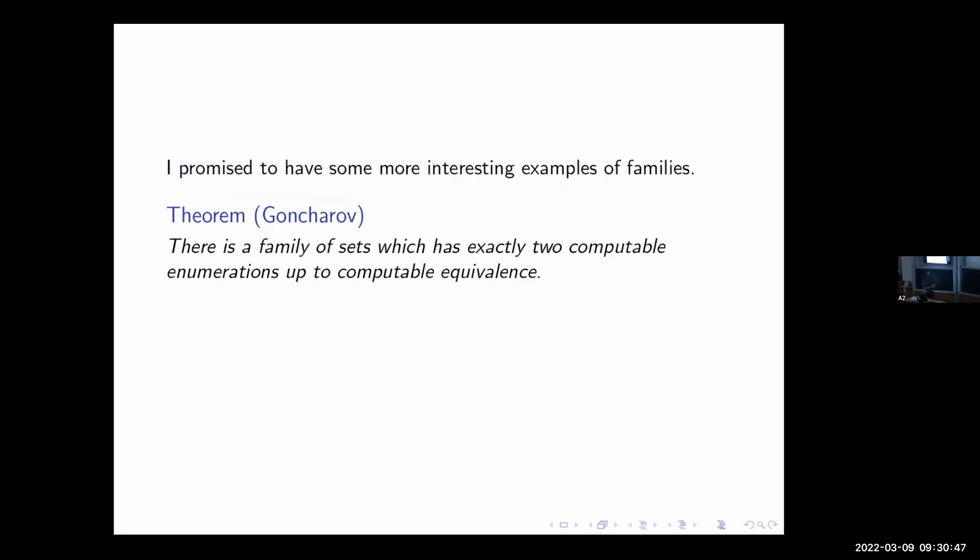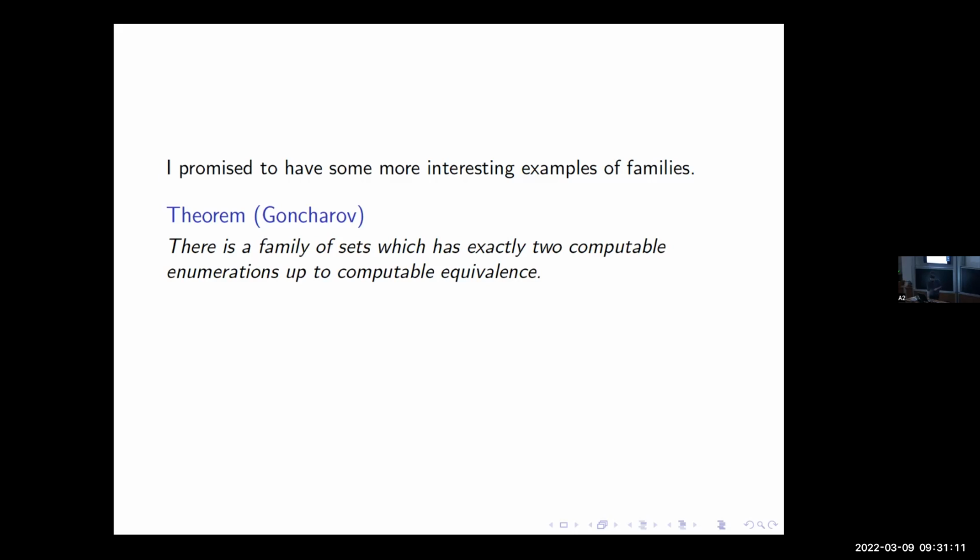OK, so I promised to have more interesting examples of families, just to argue to you that a lot of computability theory really does happen just with families. So for example, there's this well-known theorem of Goncharov. There's a family of sets, and it has exactly 2 different enumerations up to computable equivalence. Computable equivalence is just a computable rearrangement of the family.